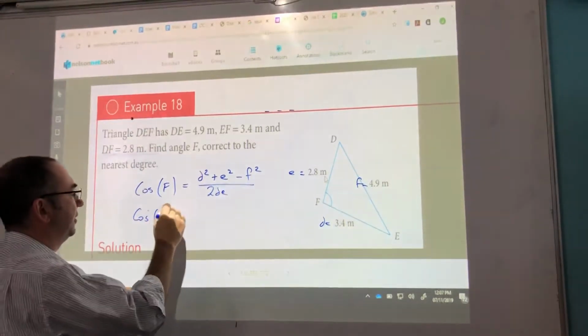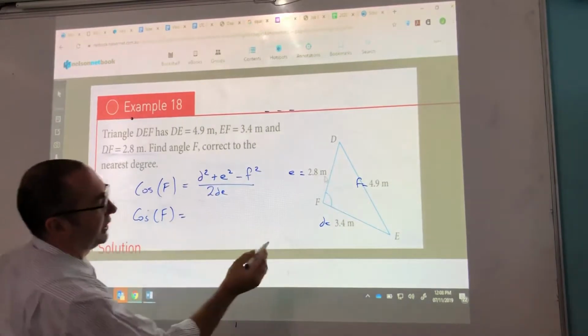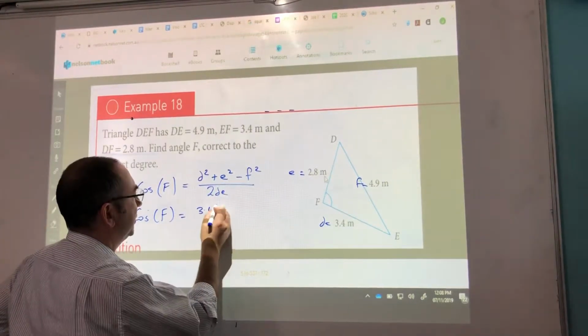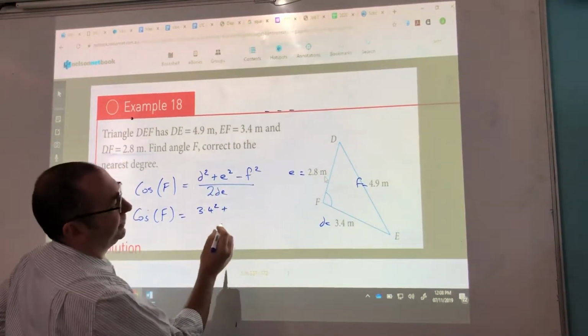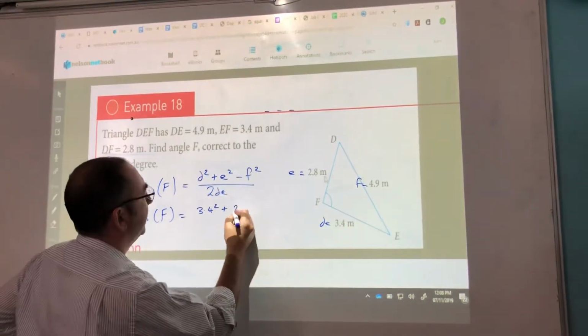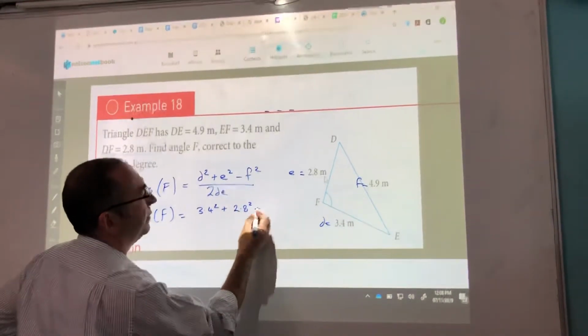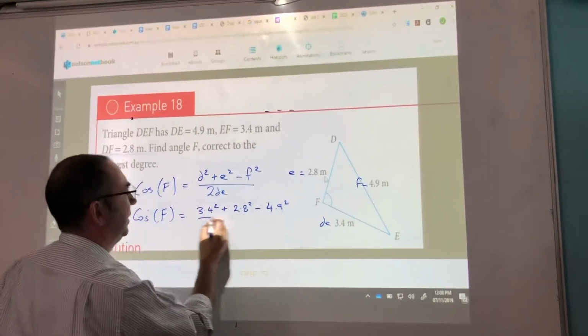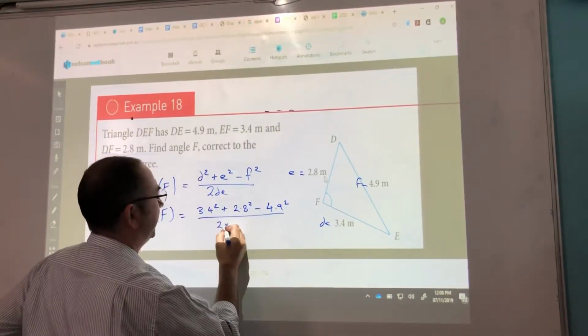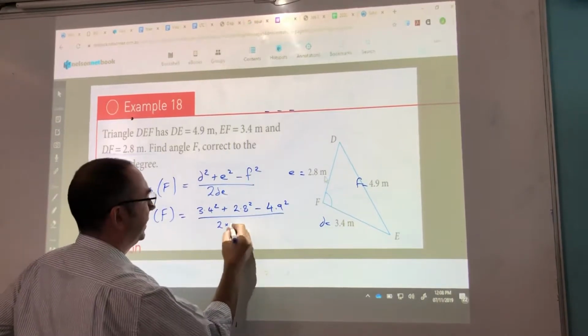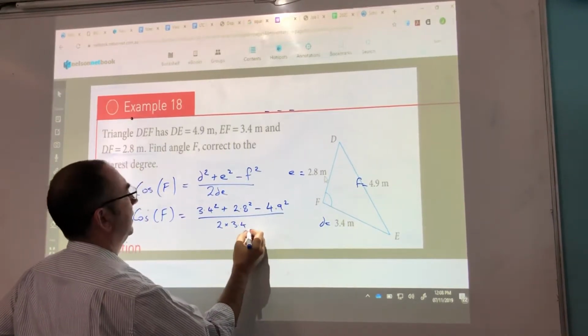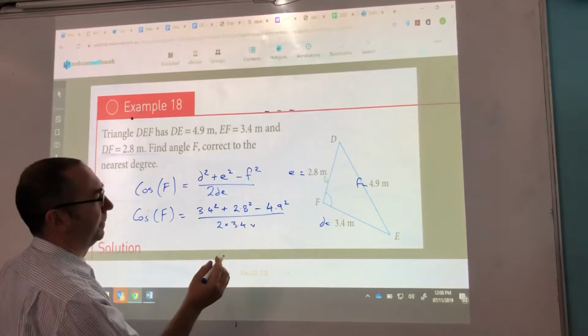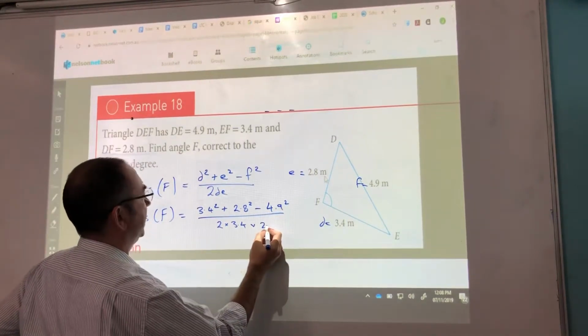So cos of f, the angle, is going to be 3.4 squared plus 2.8 squared minus 4.9 squared over 2 times 3.4 times 2.8.